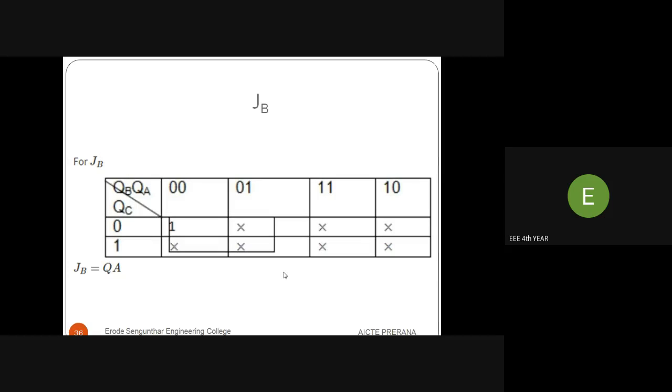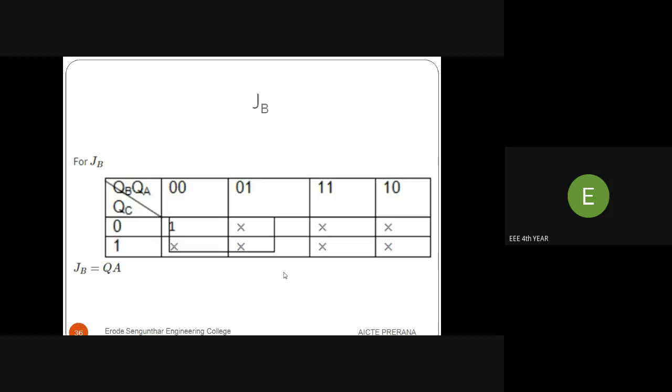For JB, the first row and second row are grouped, first column and second column are grouped. Therefore, the common in first and second column is 0, that is QB bar.